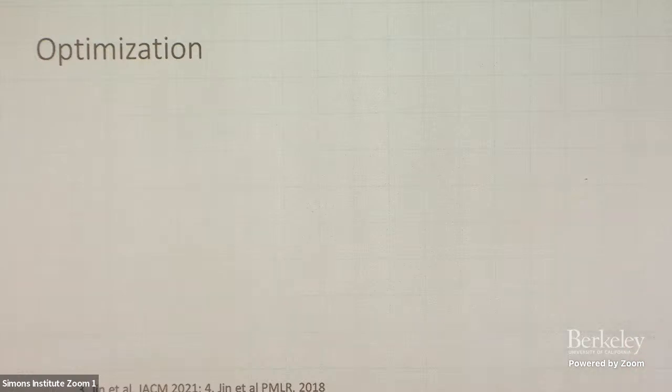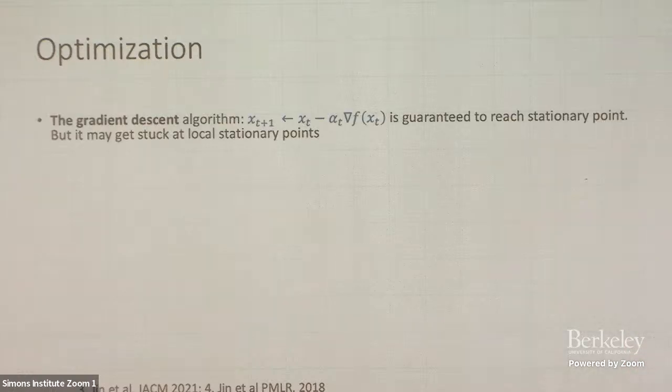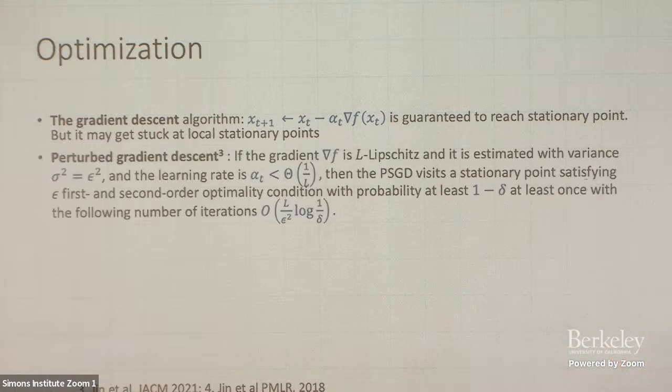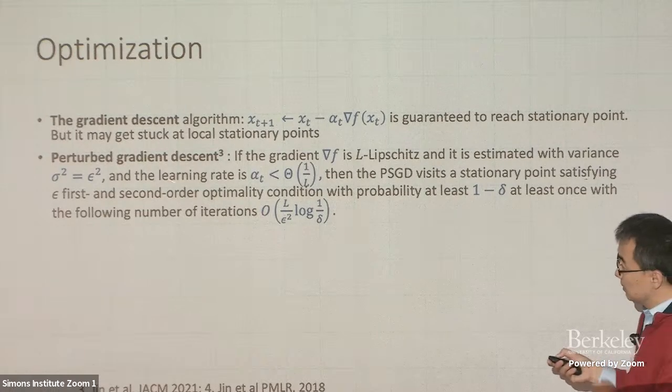For the optimization, we just borrowed something. At the time when these papers were written, this came from Berkeley's group. You could do gradient descent, or variants of gradient descent to get a better complexity.